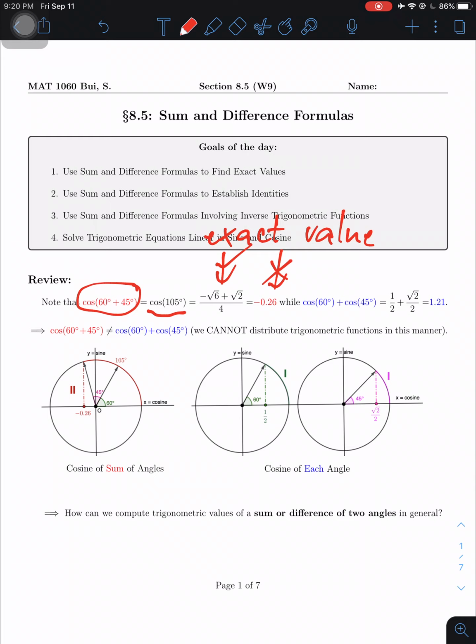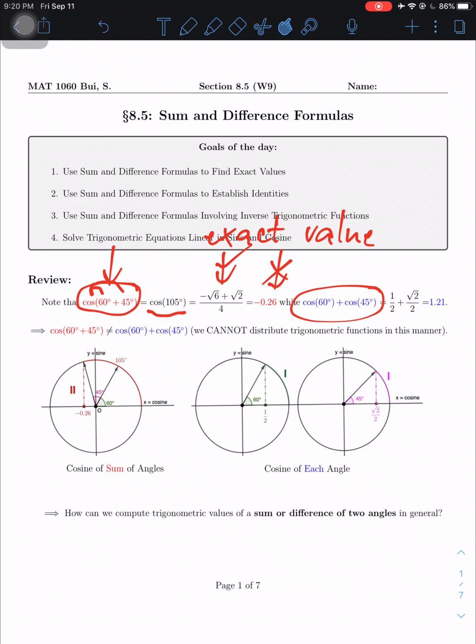If you compare this with the split version, the addition of each angle inside a function, you will see that they're not equal to each other. The cosine function is not distributive, in the sense that you cannot say I'm going to get cosine of 60 plus cosine of 45. They are not equal to each other at all.